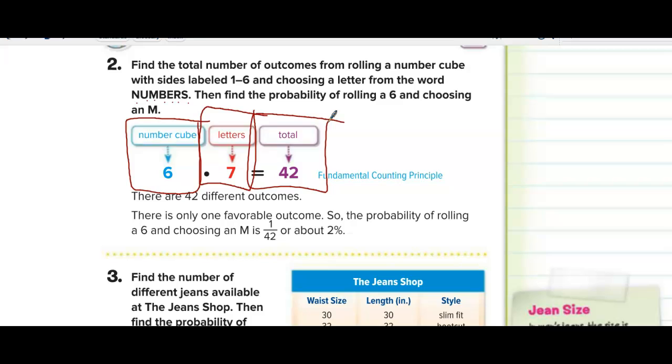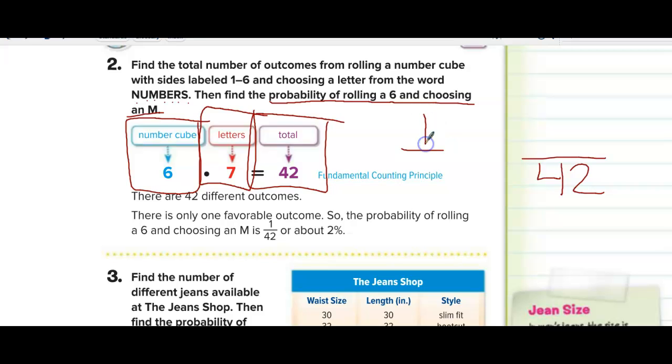So I answered the first question, but there's more than one. It says, then find the probability of rolling a 6 and choosing an M. So on your dice, we're going to kind of do the same thing for finding our numerator. So we have 42 total outcomes, right? So over here for our numerator, how many options do you have for rolling a 6 on a dice? Landing on 6, right? 1.